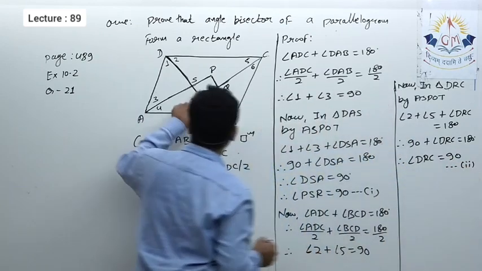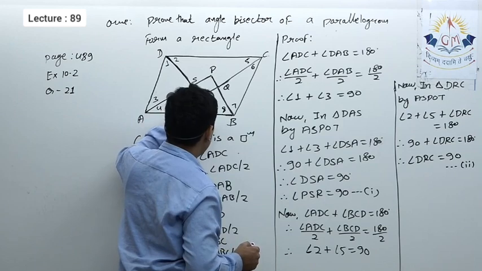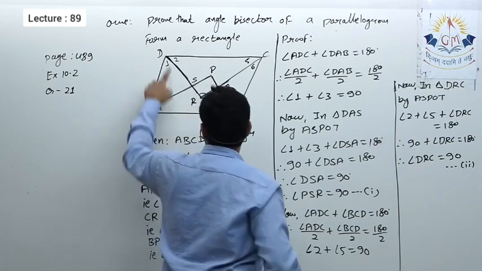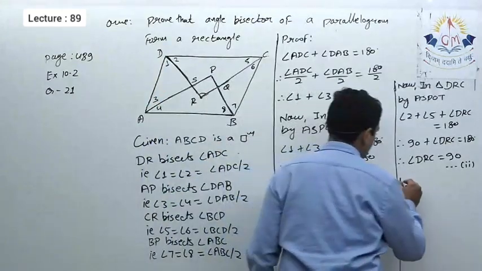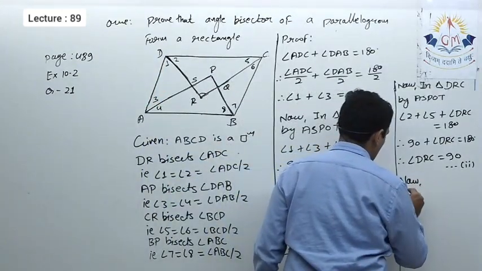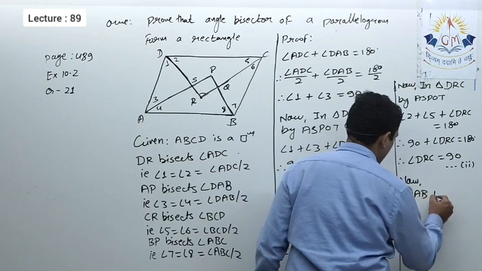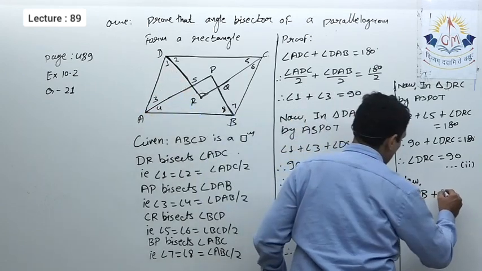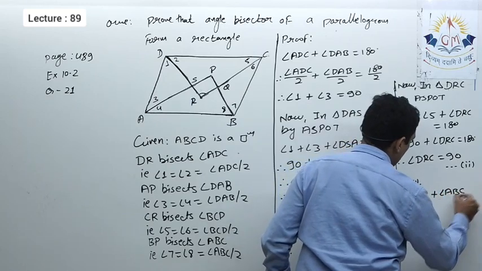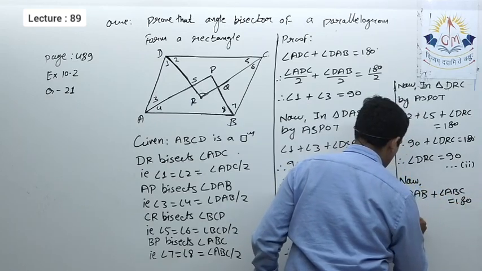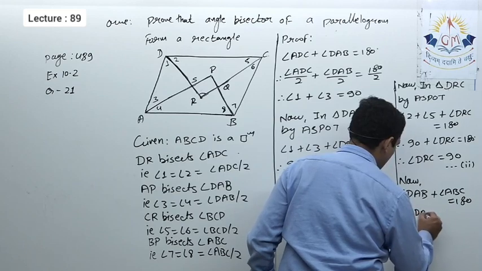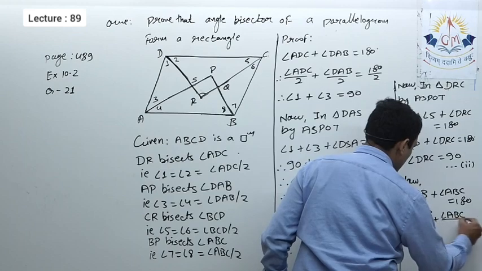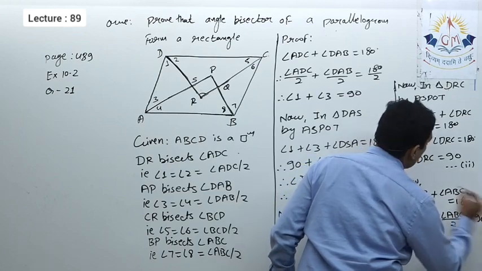Okay, first we said this angle S is 90, second this R is 90. Now we'll say this angle P is 90. So now angle DAB plus angle ABC is equal to 180 degrees. Therefore angle DAB by 2 plus angle ABC by 2 is equal to 90.